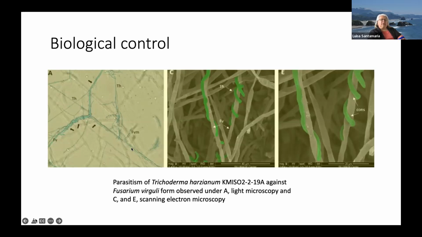And this is what you can see under the light microscope, but on the left is using another technique with a more sophisticated microscope, a scanning electron microscope, where you can see how the Trichoderma keeps strangulating the Fusarium hyphae. So I thought it would be interesting to see how it's used in some places. It seems like it's effective using some Trichoderma to control, in this case, Fusarium.